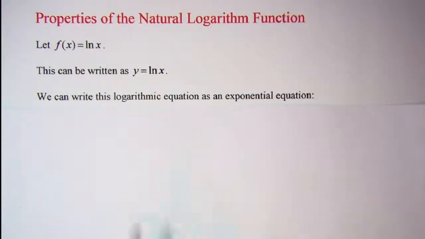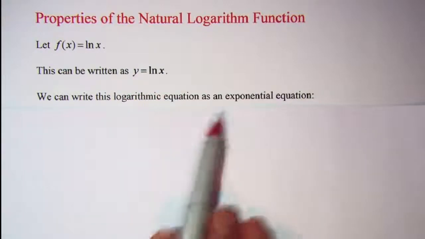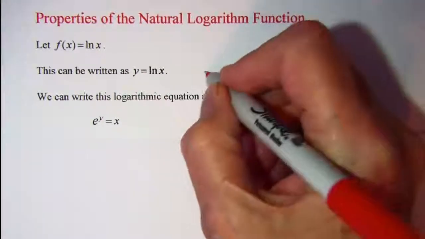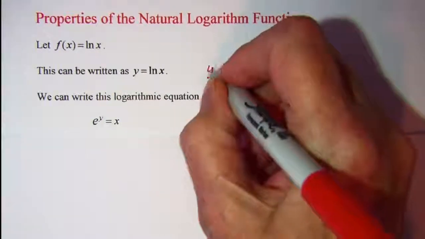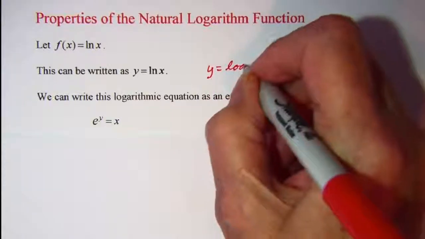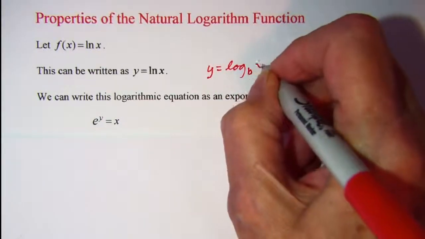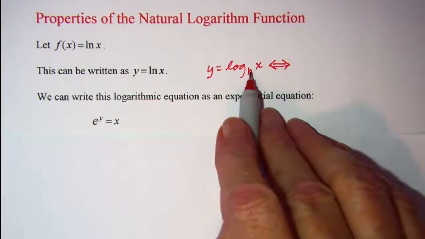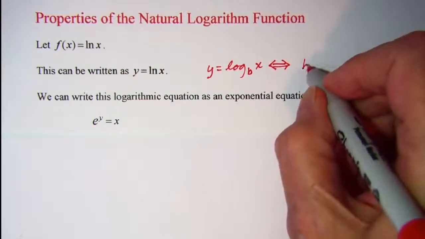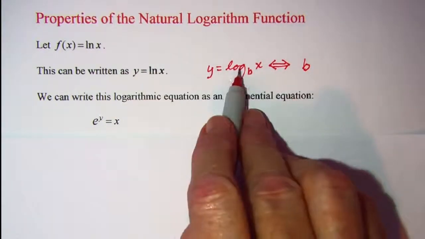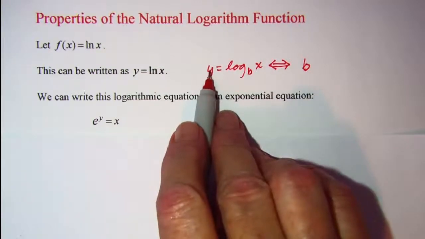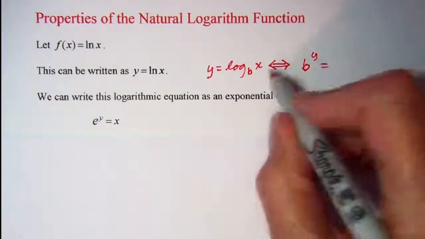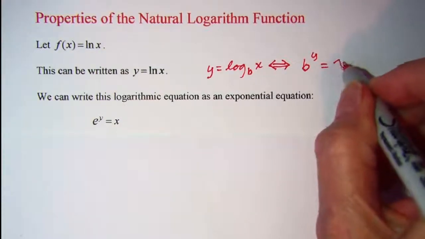Now we can write this logarithmic equation as an exponential equation using the rule that y equals log base b of x is the same as: the base of my logarithm is the base of my exponential, and my log is my exponent, so this is the exponent, and then that is equal to the argument of my logarithm.